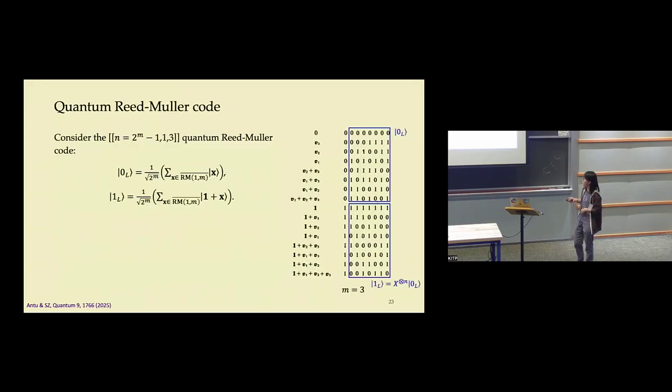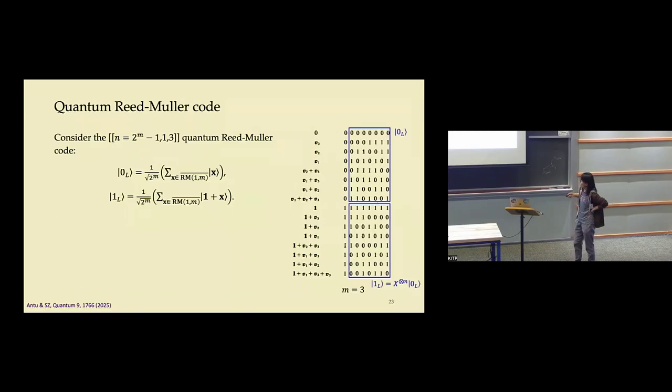And the second example I'm considering is this quantum Reed-Muller code. It is basically a code that is defined from the shortened classical Reed-Muller code, and the codeword is given by this degree 1 Boolean polynomial.